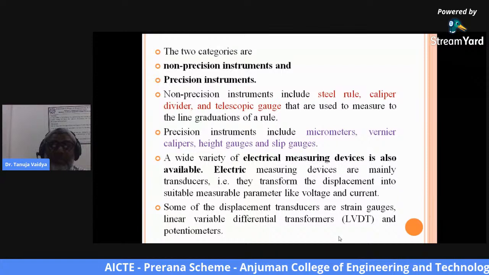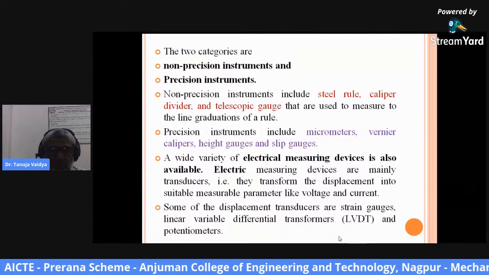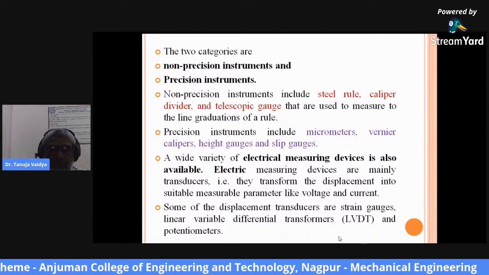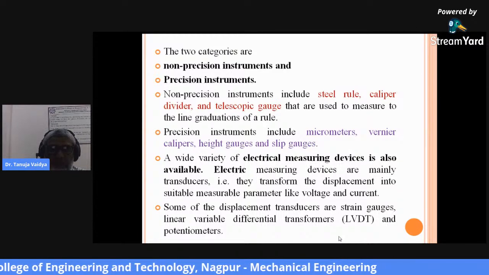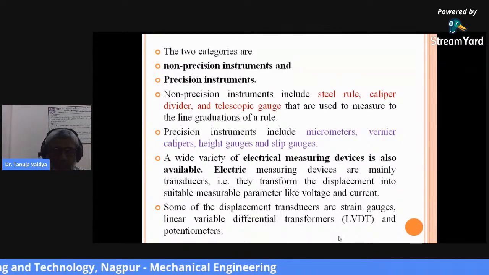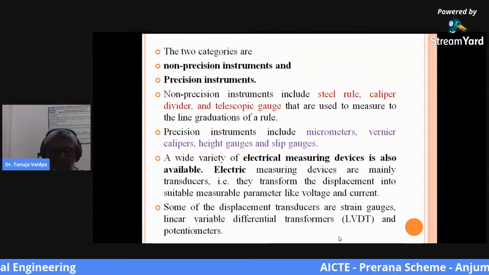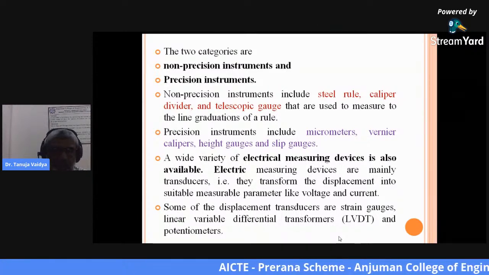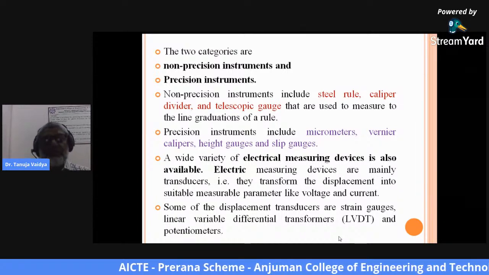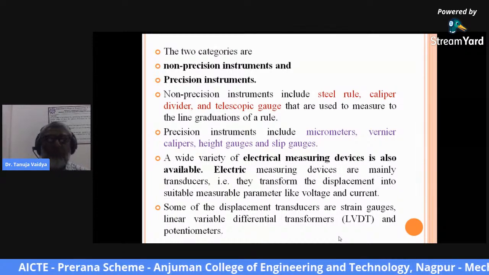What is end standard? End standard is where you measure the distance between two parallel flat faces. The best examples are slip gauge, micrometers, vernier calipers. They measure the distance between two parallel faces.